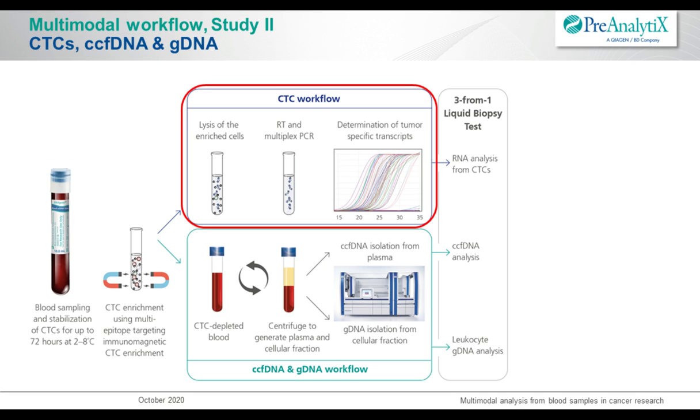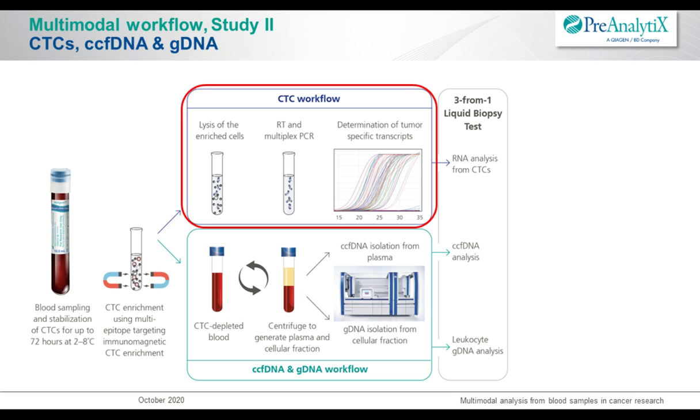So for the workflow overview, I want to explain what we have done. We collected blood again in our PAXgene Blood ccfDNA tube, and then we used the AdnaTest technology from QIAGEN to isolate CTCs from this. We spiked tumor cells into the blood from healthy donors and then incubated for certain times and temperatures.